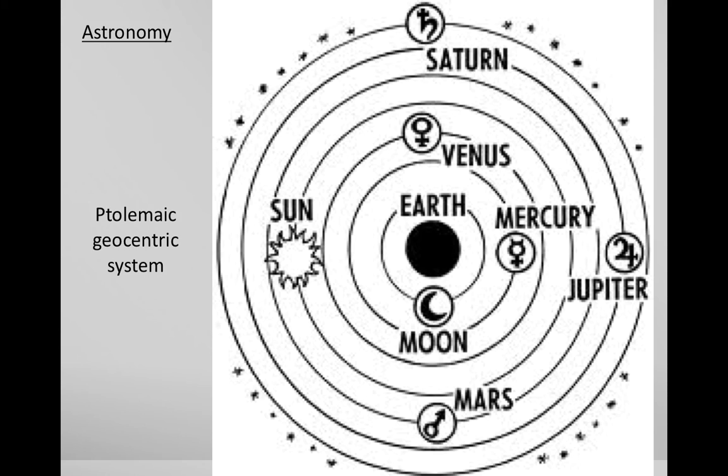Now, this belief was also the belief that the Catholic Church supported. They also believed that the Earth was in the center because their theory, and what the scripture was saying, was that because man was created in the image of God, naturally our planet, which contains man and is supposed to be God's greatest creation, would be smack dab in the center of the universe.